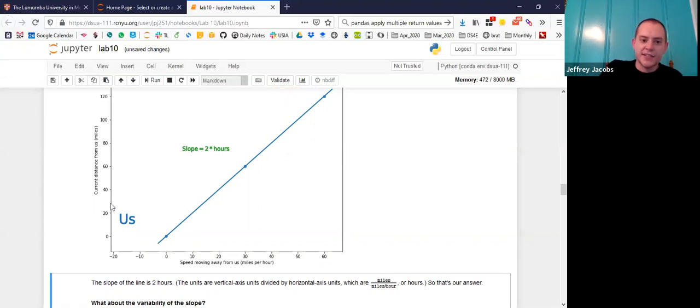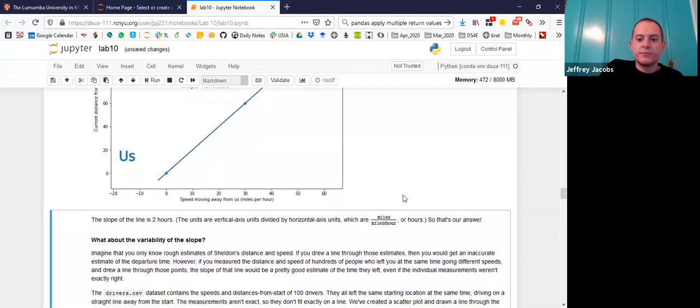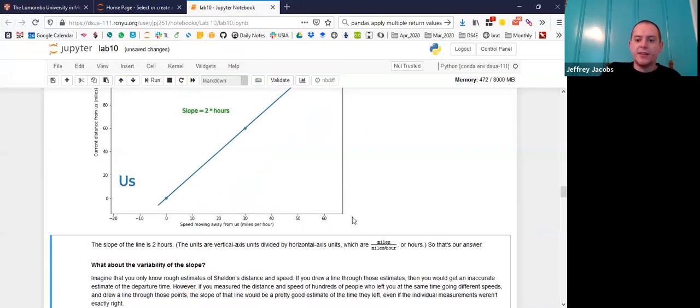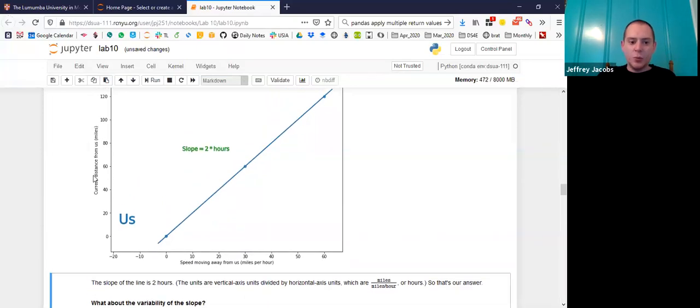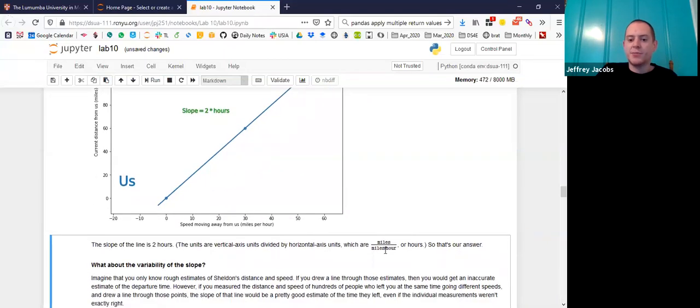So in this case, the slope is rise, meaning change in distance from us, over run, which is speed. And so if we compute the slope, that's how we get how long Sheldon has been driving, right? Because the y-axis unit is miles, like we see here. The x-axis unit is miles per hour. If you divide miles by miles per hour, you get hours. So the unit of the slope is hours.